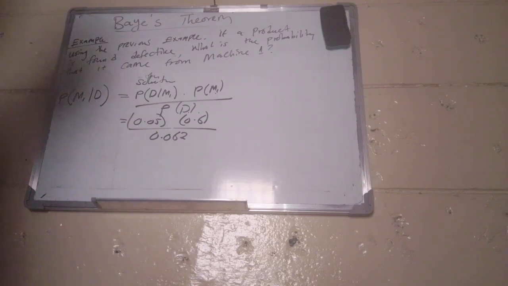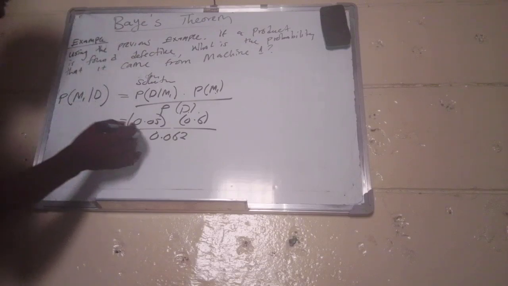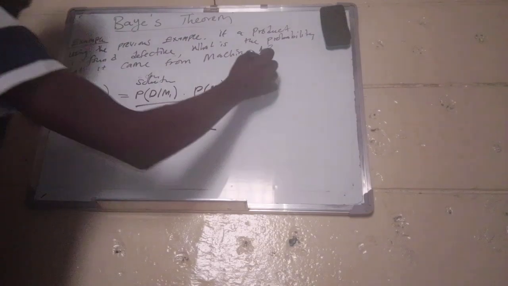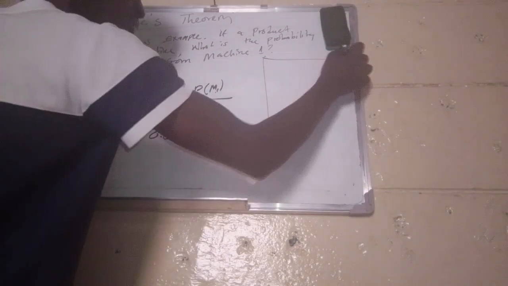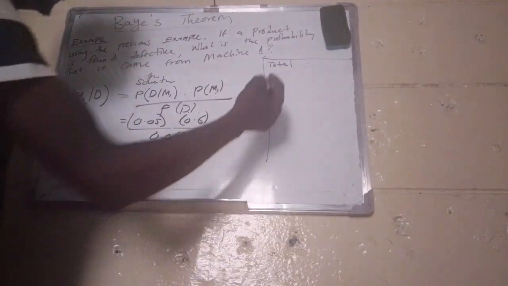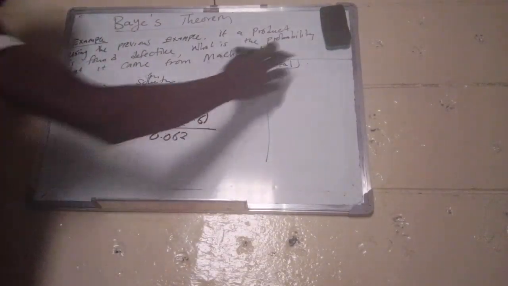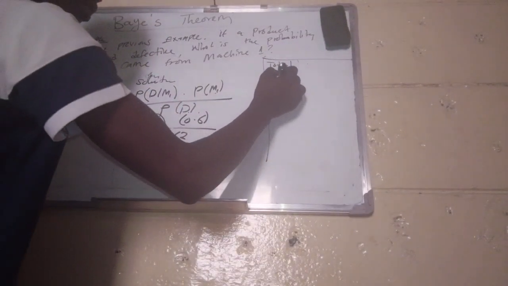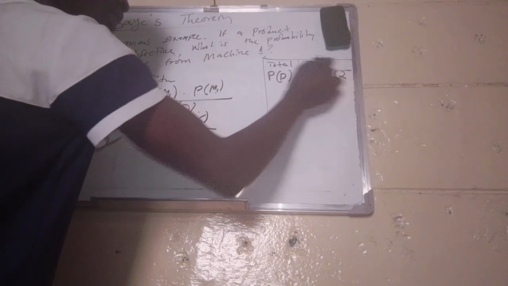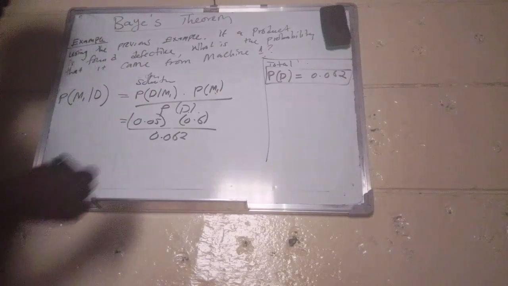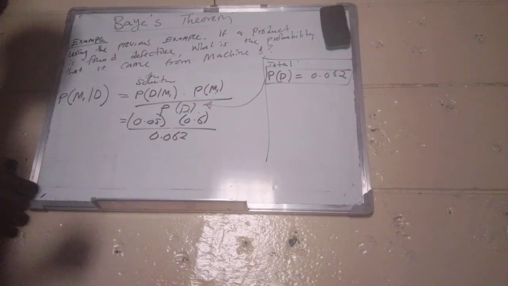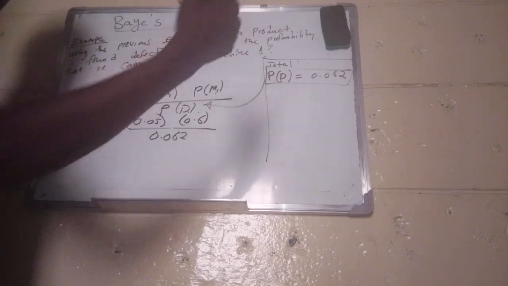The probability of D we found in the previous example under the total probability rule, in the previous video, and we found it to be 0.062. So it is the one we are going to replace at this position.